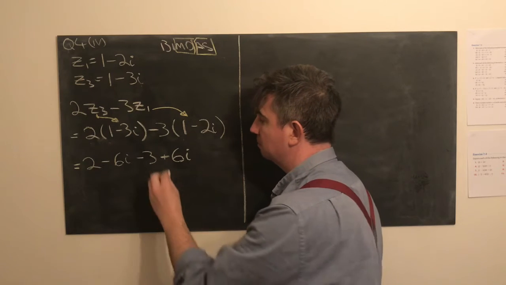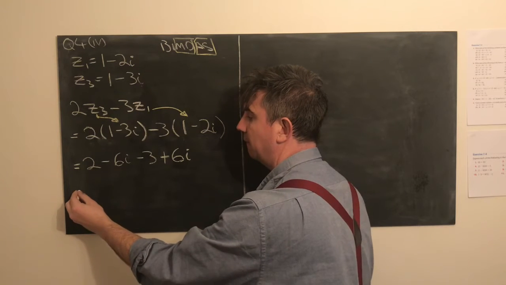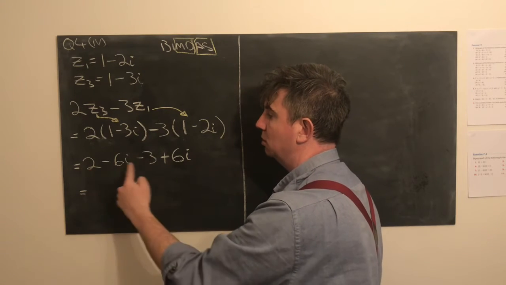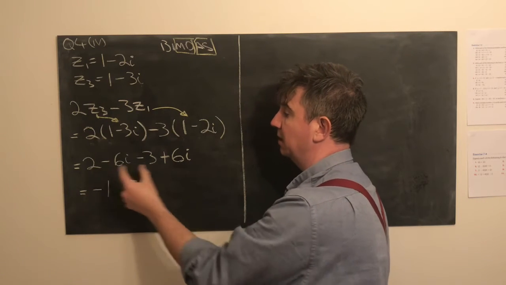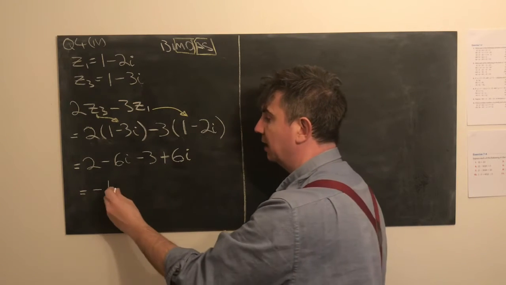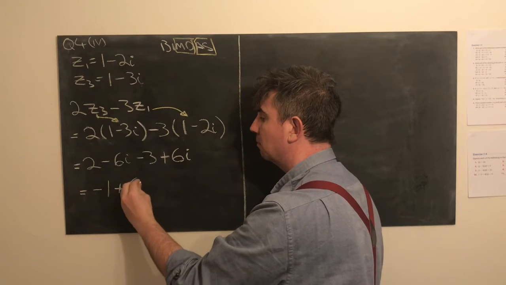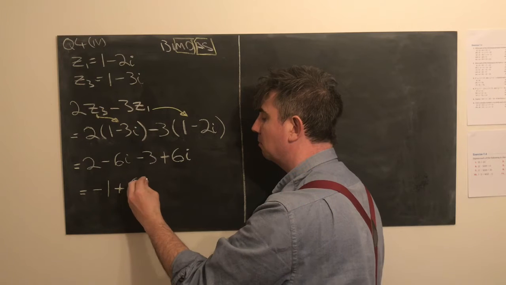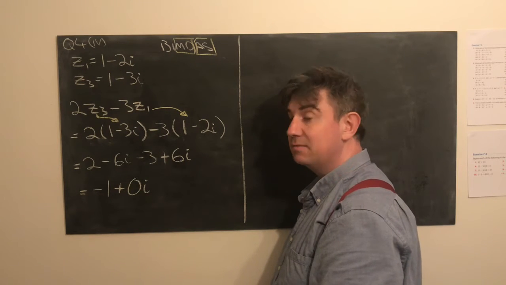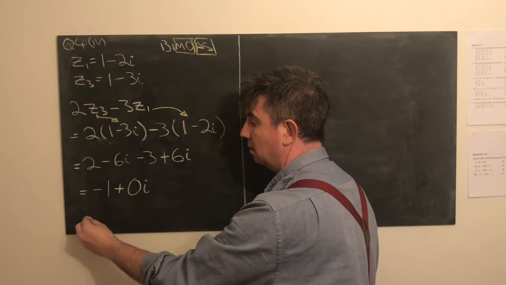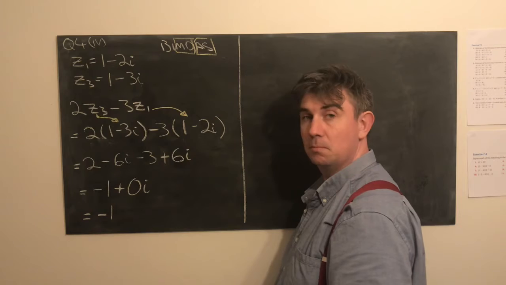Oh, very nice. Let's take a look at what's happening here. We have 2 take away 3, which is minus 1. We have minus 6i being added onto 6i, and that's 0i. So I'm just going to leave that as minus 1.